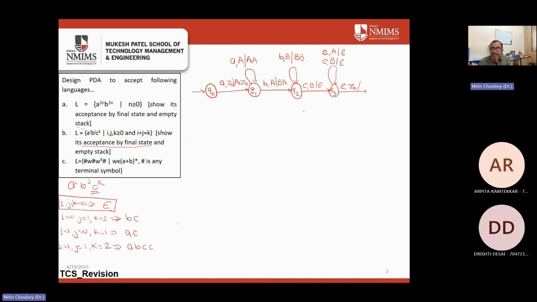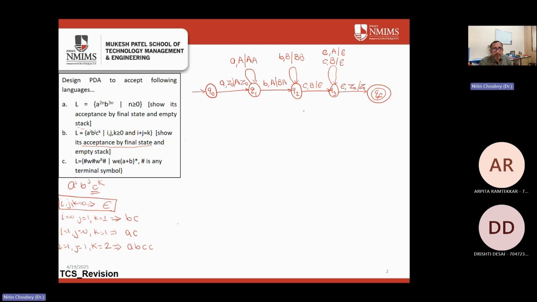If we have exactly the number of C's equal to the number of A's and number of B's, in that case only we'll get this situation. So go to final state. So this is the one case wherein we are assuming I, J and K all three as non-zero values.